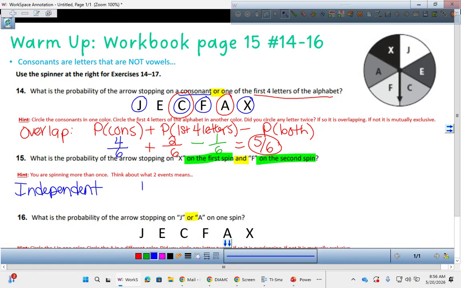Independent probability says take the probability of the first event and multiply it by the probability of the second event. So I'm going to take the probability that the wheel lands on X, 1 out of 6, and multiply that by the probability that the wheel lands on F, 1 out of 6. And I can type that directly into my calculator. The answer to this one is 1 out of 36.